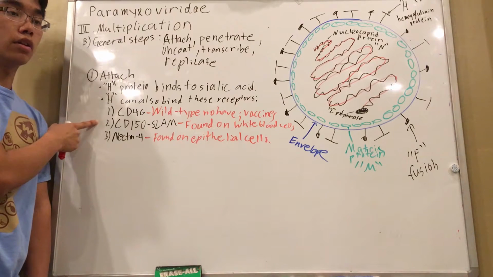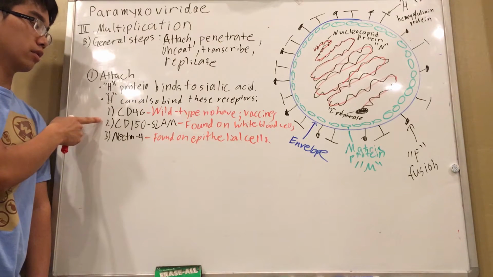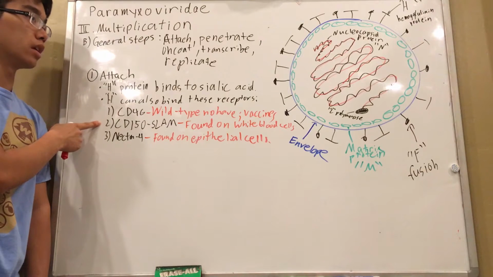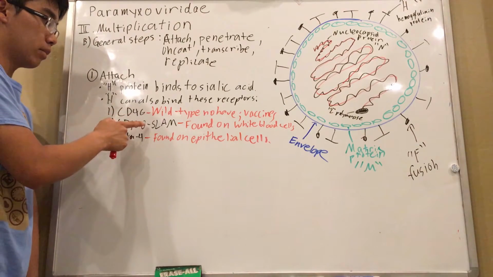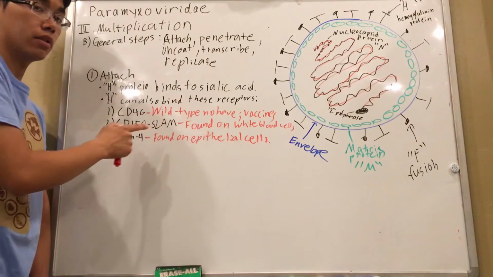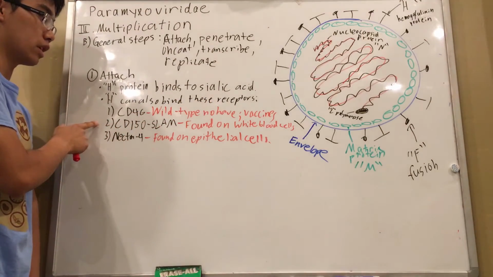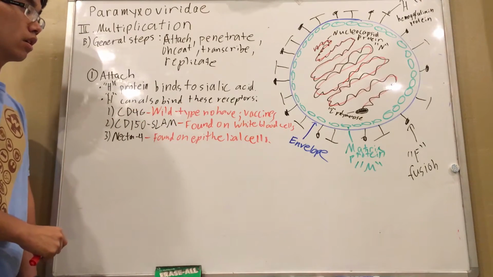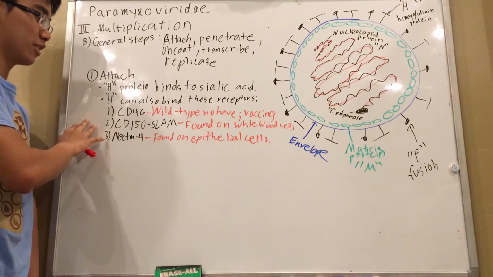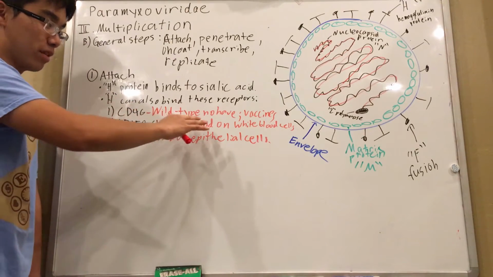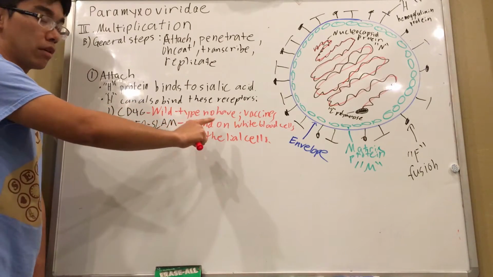There's a word for it. This is what causes measles morbidity, and it's because this is found on white blood cells. It means that measles can get into white blood cells and mess up your white blood cells.